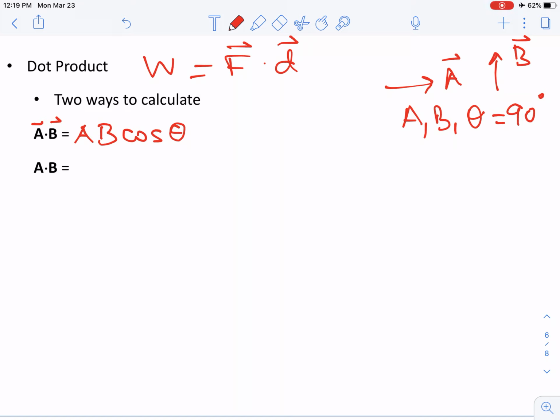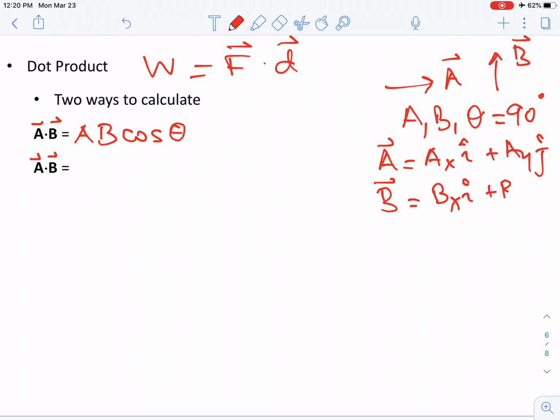And the second way, I use it if my vectors are given in vector notation, like a unit vector notation. So maybe A is given as Ax i-hat plus Ay j-hat, and I'm just assuming two-dimensional case. This is Bx i-hat plus By j-hat, okay?